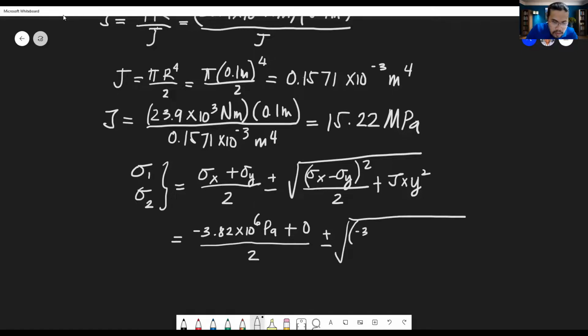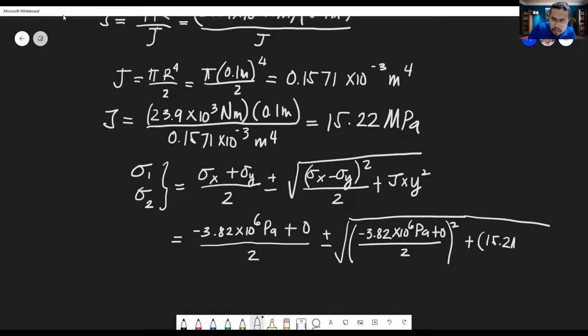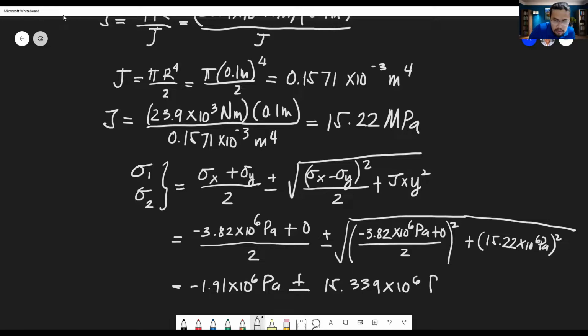So we have negative 3.82 times 10 to the sixth Pascal plus 0 all over 2, and we're going to square that, plus the shear stress 22 times 10 to the sixth Pascal squared, and this would yield negative 1.91 times 10 to the sixth Pascal plus or minus 15.339 times 10 to the sixth Pascal.